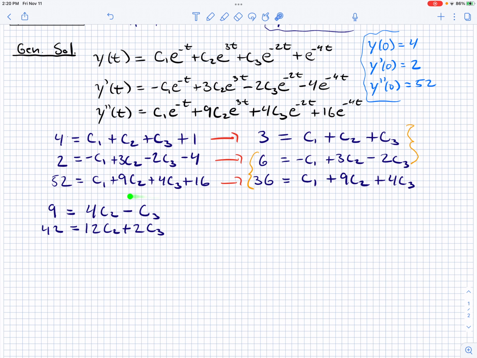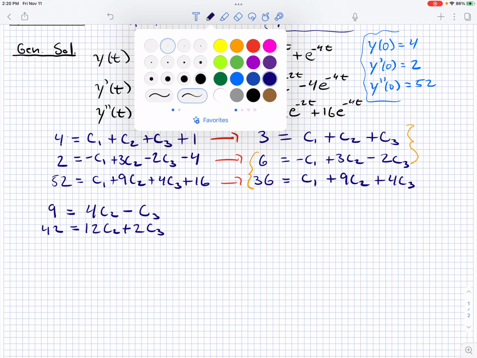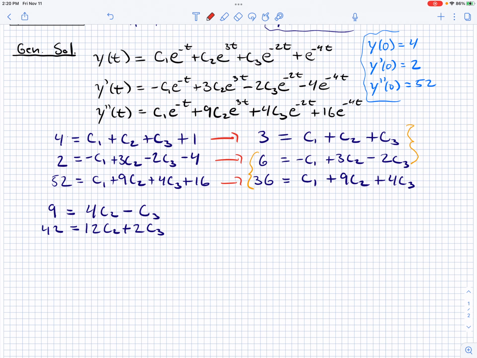So now we have two equations with just C2 and C3, and that's nice because now I can get rid of the C3 if I just multiply the second equation by 1/2.